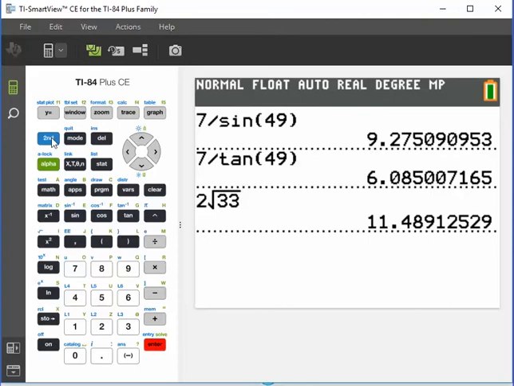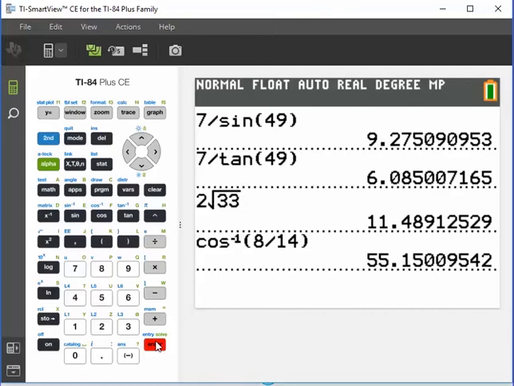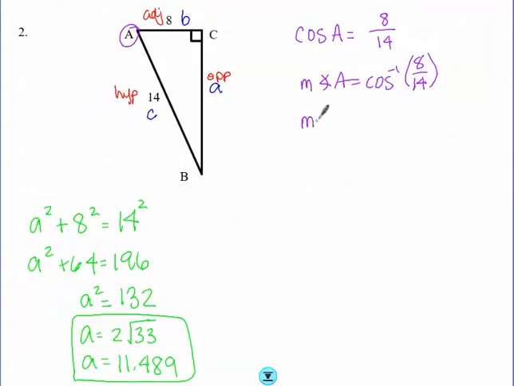Inverse cosine is second cosine. And if I round to 3 decimal places, I get 55.15 degrees.